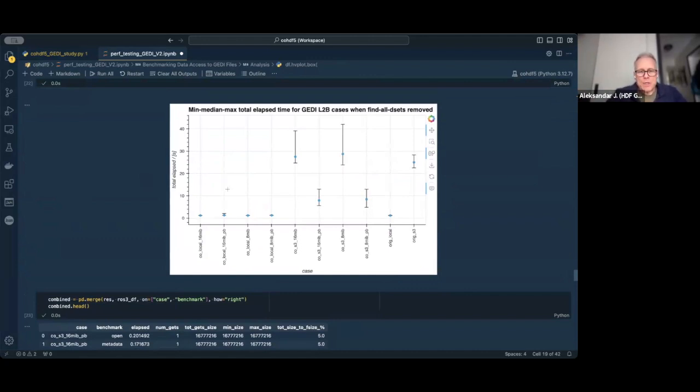First of all, we can see the subtle differences between other cases. But now the original file in S3 is essentially not bad at all compared to cloud optimized files in S3, when the library is performing again in the regime of conventional typical behavior.